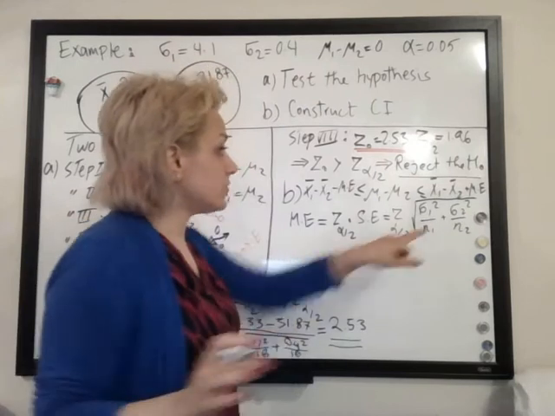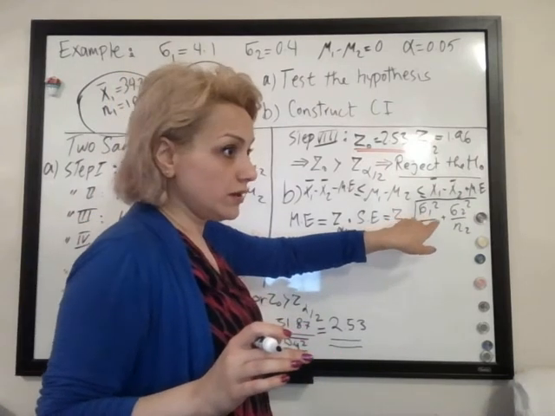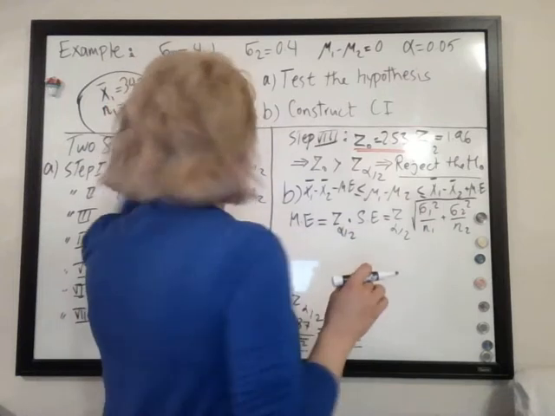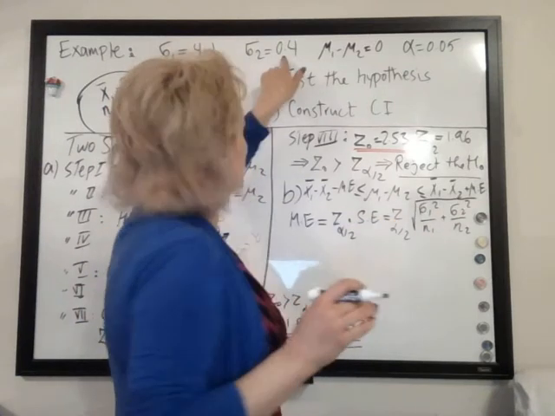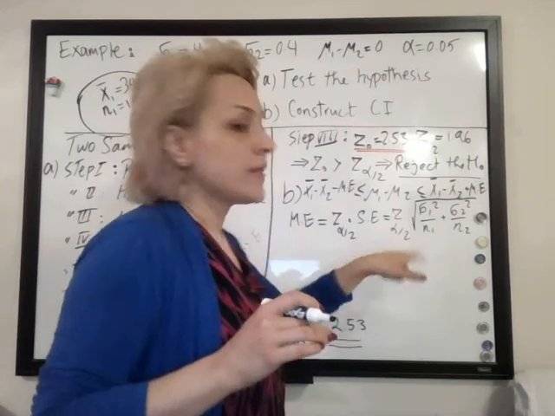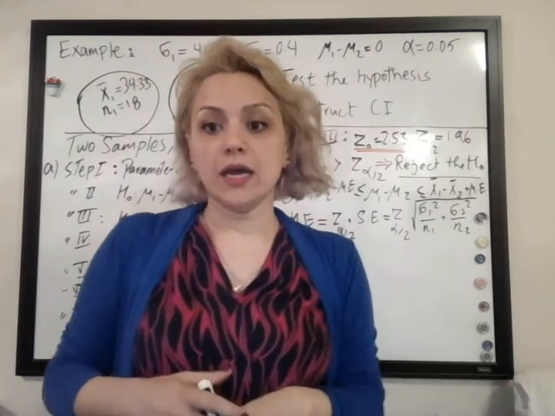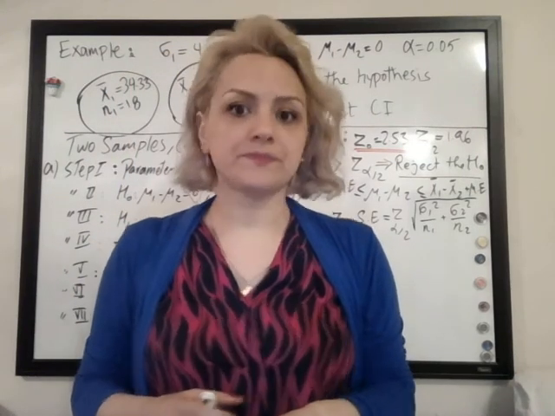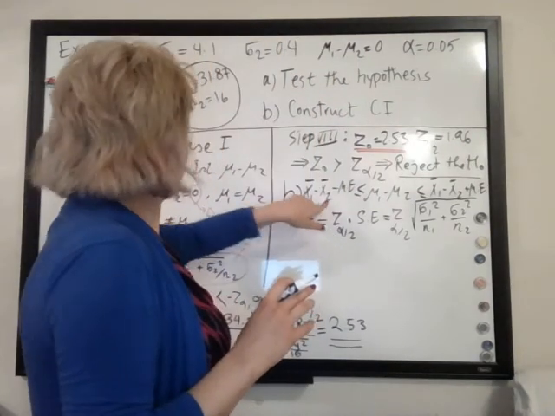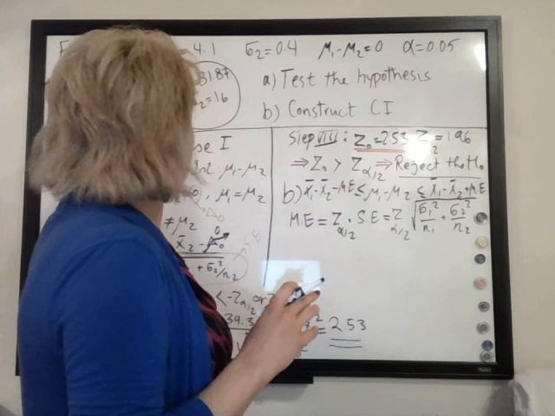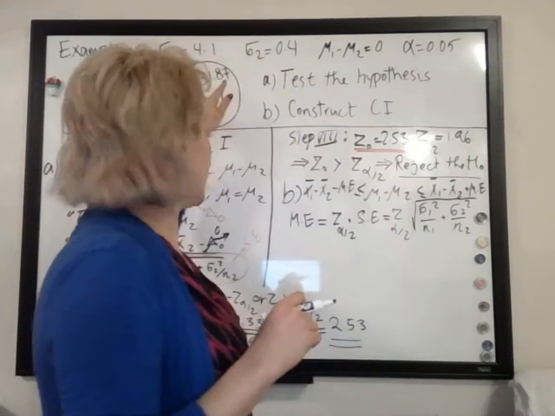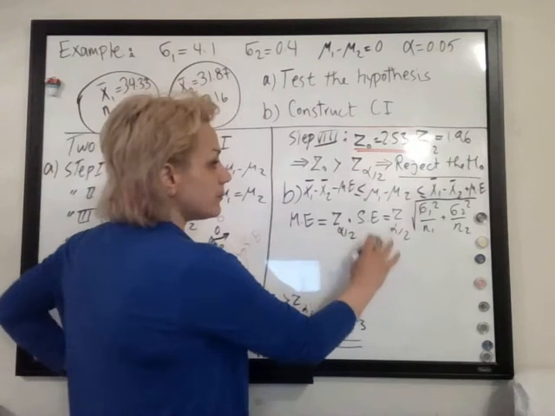You would write down 4.1 power 2 divided by 18, and then 0.4 power 2 divided by n2, which is 16. Then you multiply it by 1.96. And for x bar 1 and x bar 2, we put down 34.33 and 31.87.